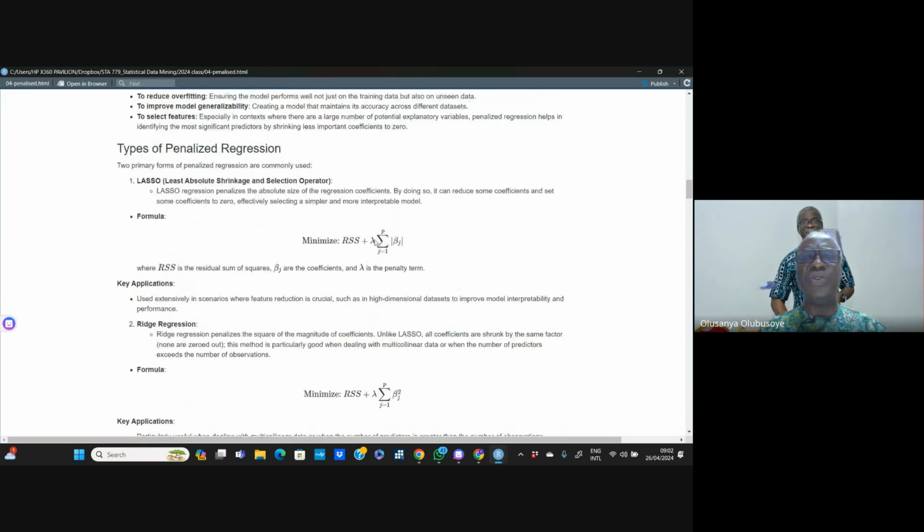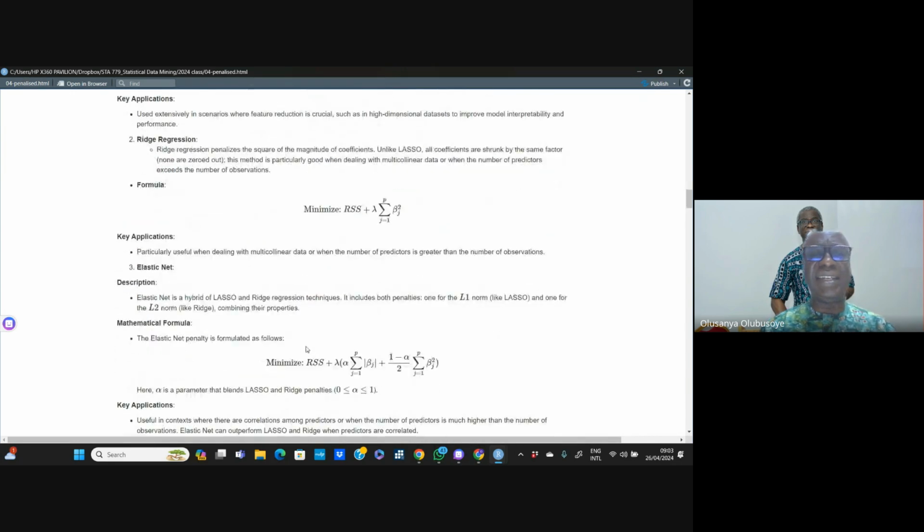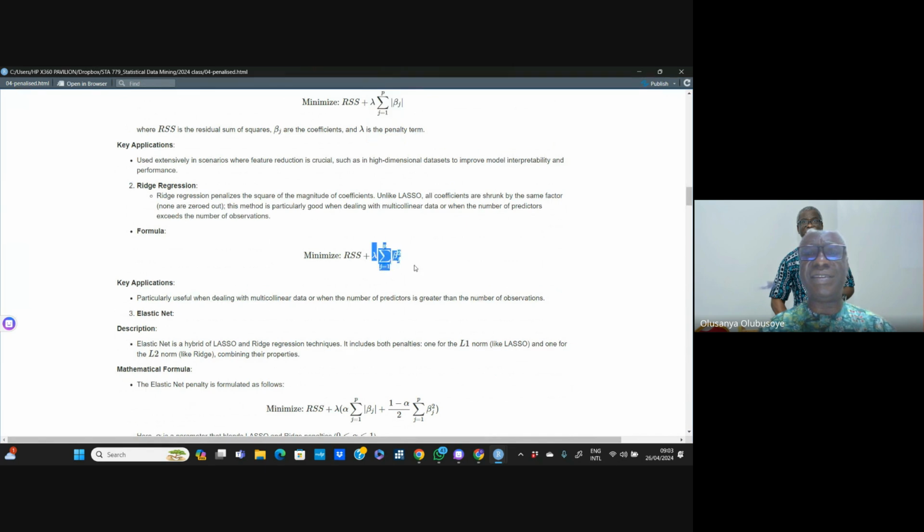Okay, so you should be able to know the difference in the criteria, or criterion rather, of LASSO and ridge. So the criterion for ridge is to minimize the sum of the RSS and this component. Then the elastic net combines this and this together.